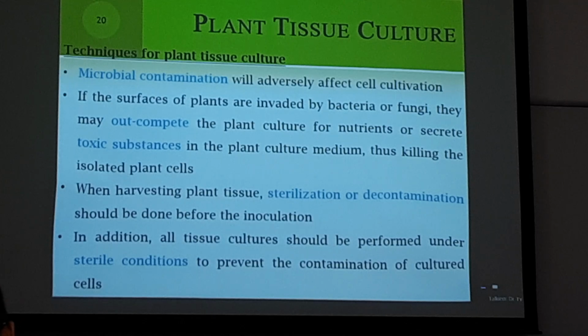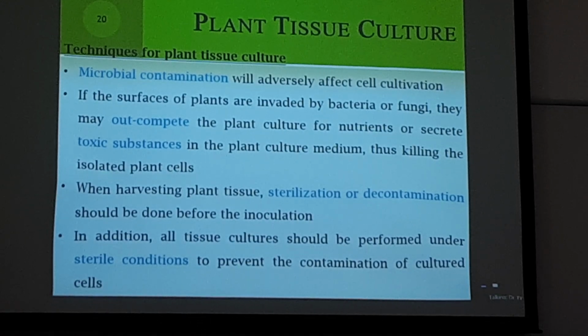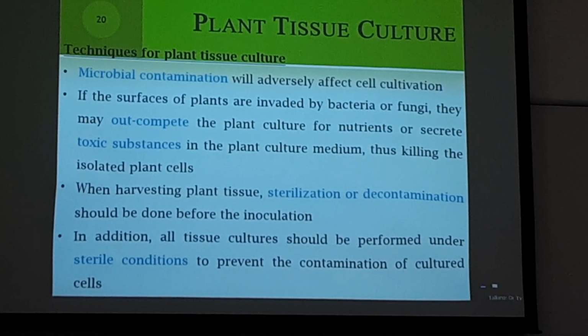They compete for the nutrients in your culture medium, they compete for space. Even worse, your cells can be killed if the bacteria produce toxin or something else. So when you're culturing, plants or animals, you have to make sure it's sterile, because you don't want contamination.